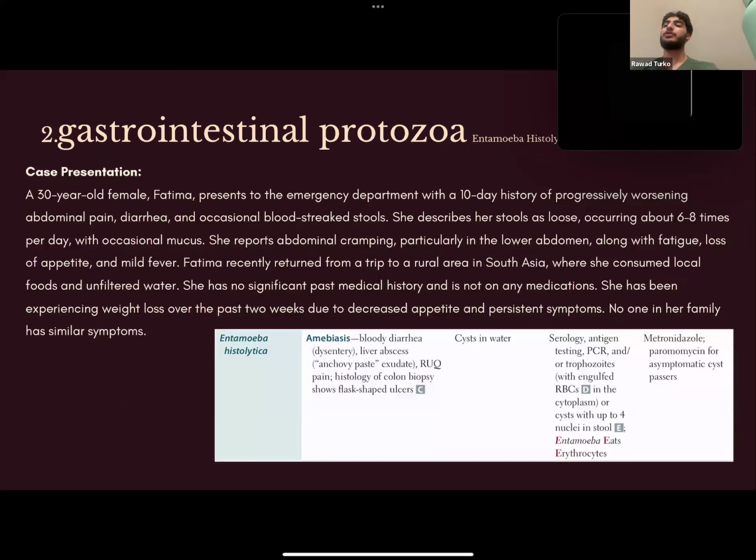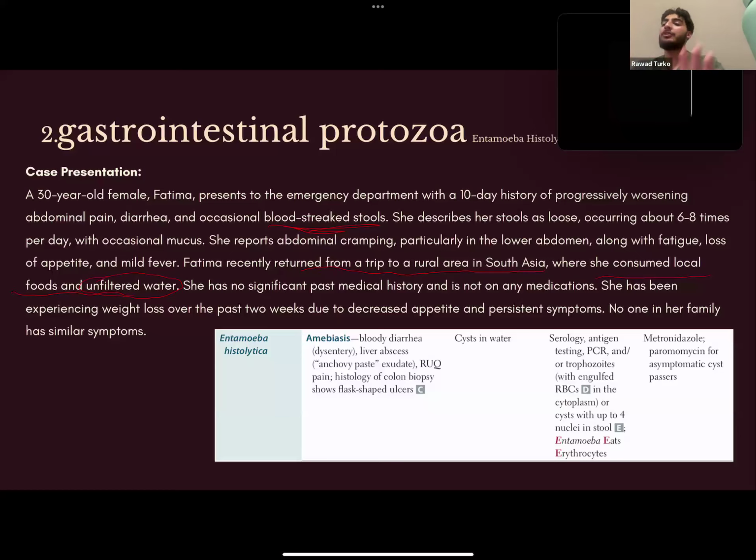Okay, so again, this is the case presentation for Entamoeba histolytica. You guys can see this is from ChatGPT. I'm not going to read all of it, but you can see a 10-day history of progressively worsening diarrhea and blood-streaked stools. She returned from a trip in South Asia, consumed local foods and unfiltered water. She's been experiencing weight loss, whatever.